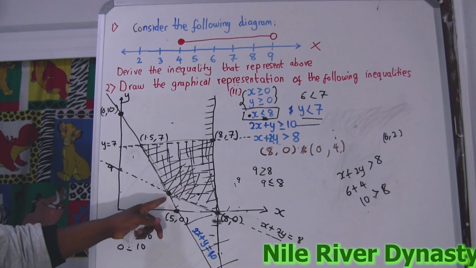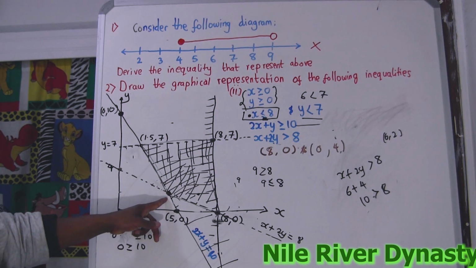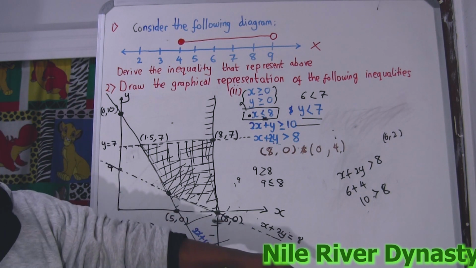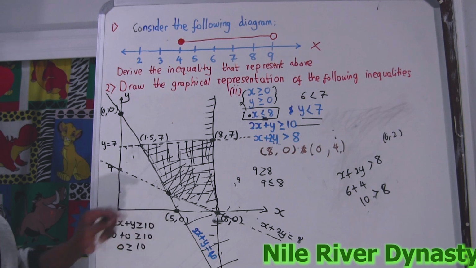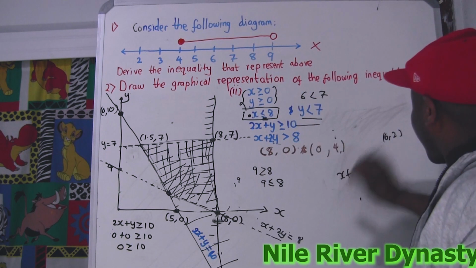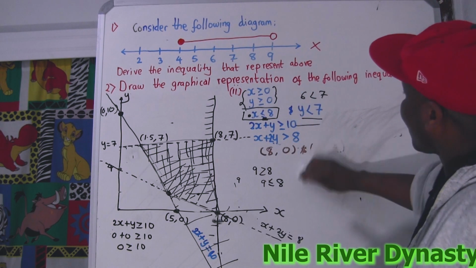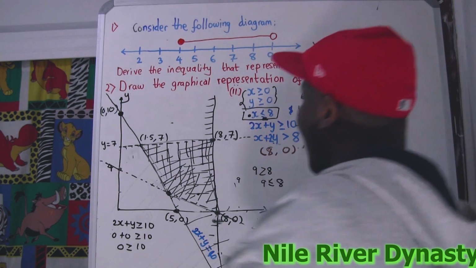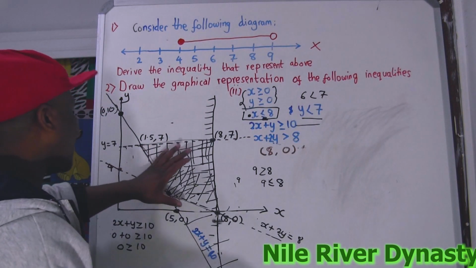But you can also find the point of intersection by taking this line and this line. You know what I'm saying? Only if they ask you to find the point of intersection. But I always like to do things extra, so let's just find the point of intersection of those two lines. The question is actually done, because this is the feasible region.